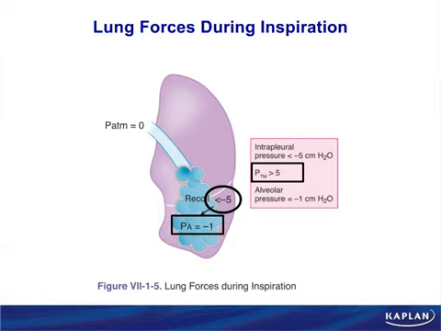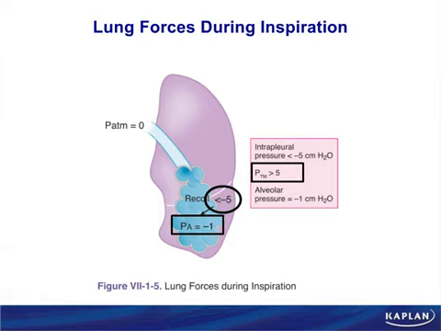And Boyle's law says when we have these two compartments, the product of pressure and volume is constant. So because the alveoli are expanding, volume goes up, therefore pressure goes down. I now have a pressure gradient for air to flow. Notice atmospheric is 0. Alveolar pressure is now subatmospheric. Let's say it's -1, just using that as an example.